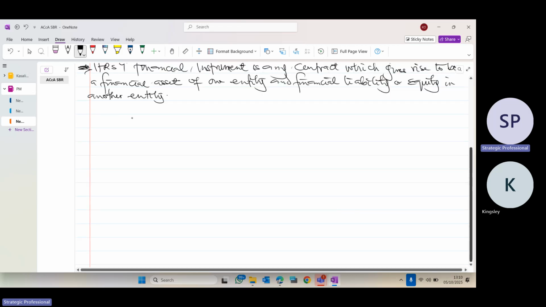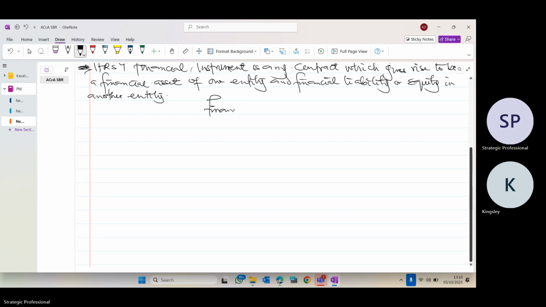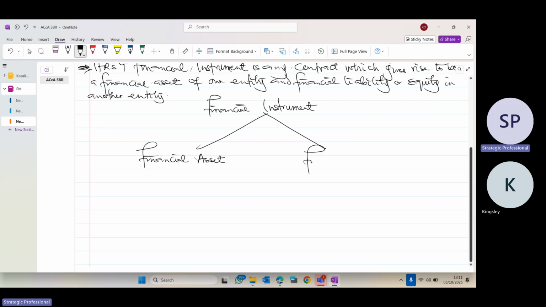We said that a financial instrument is going to give rise to either a financial asset or create a financial liability.